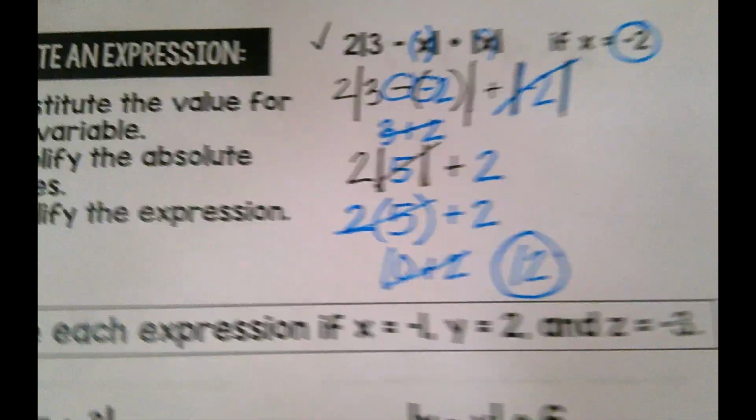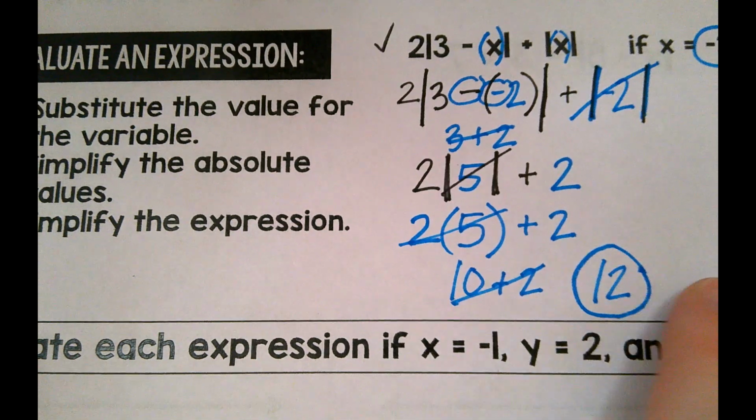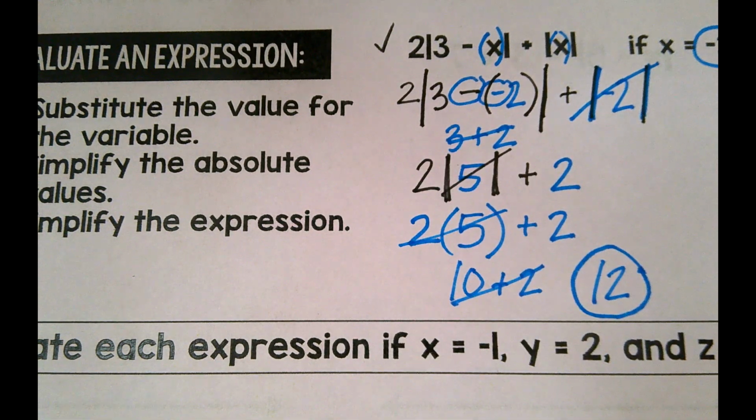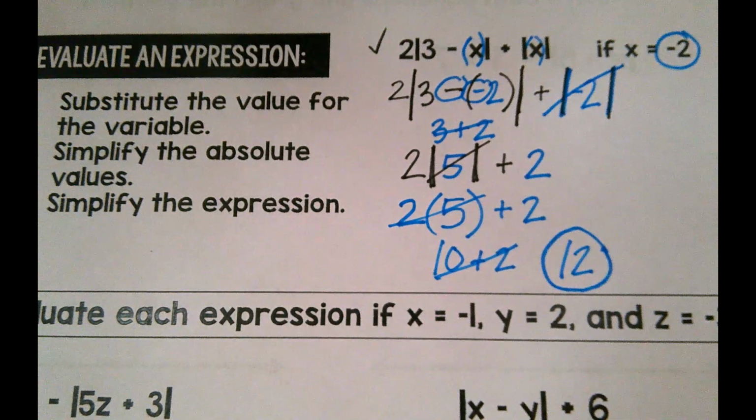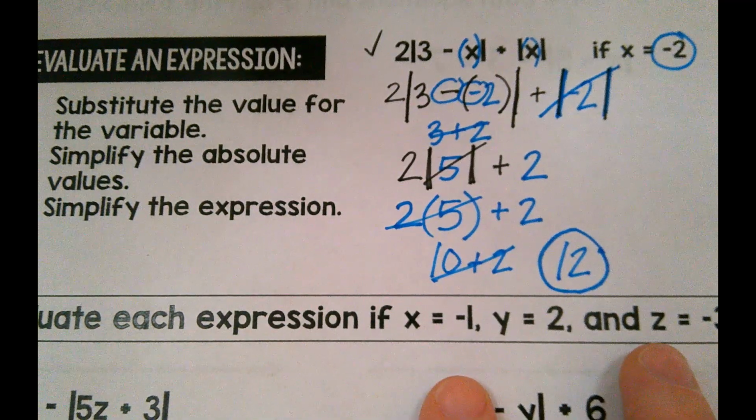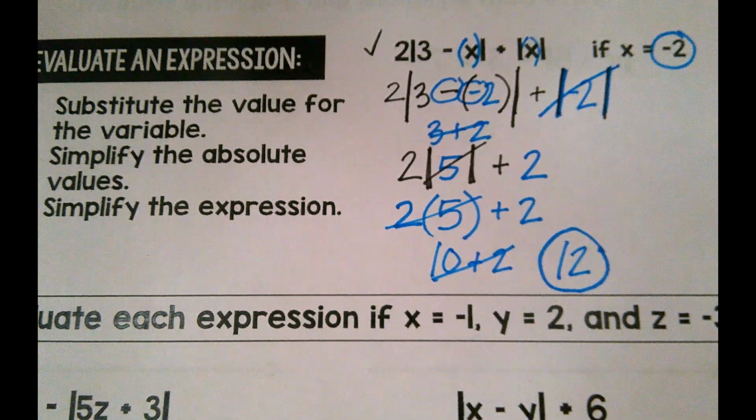We just simplify the expression, which is where we use PEMDAS. Very nice. All right, so that's our first example of plugging in a number and evaluating an expression with absolute value.